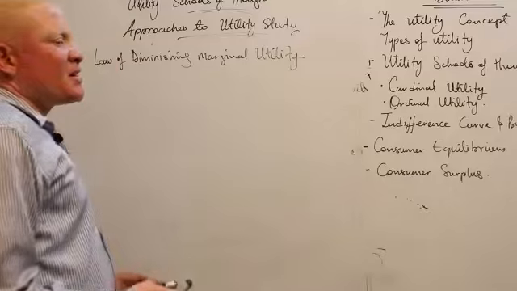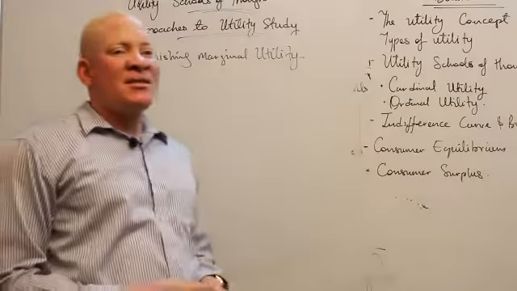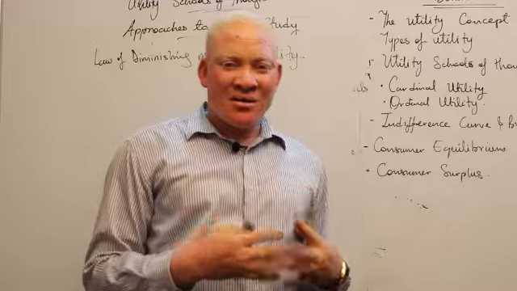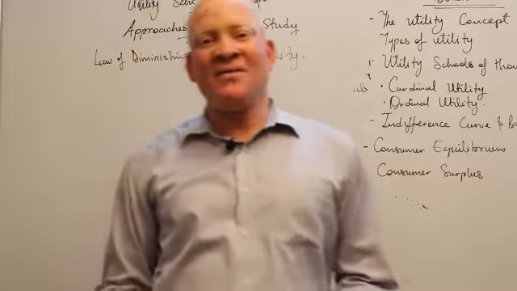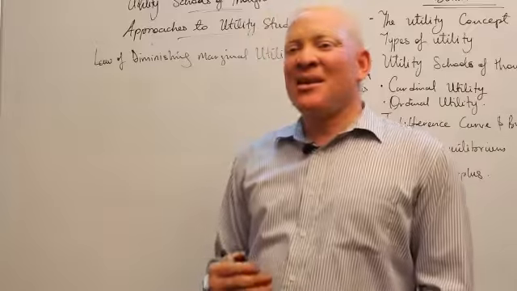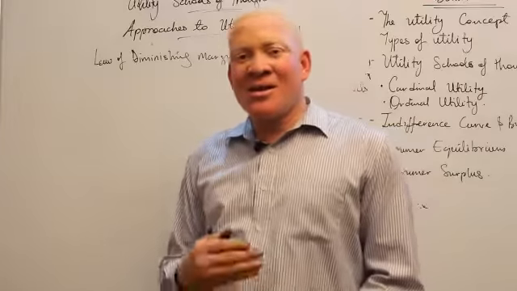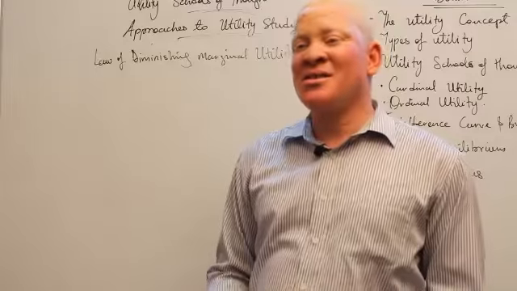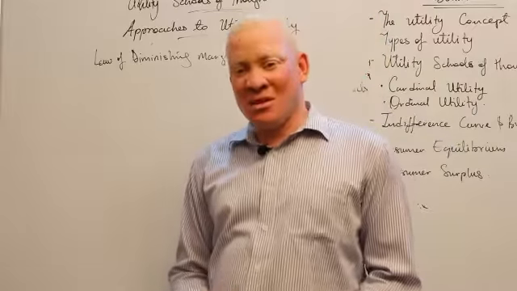The law of diminishing marginal utility states that the more a consumer consumes successive units of a particular commodity, the extra or additional or marginal utility derived from each successive unit continues to diminish.